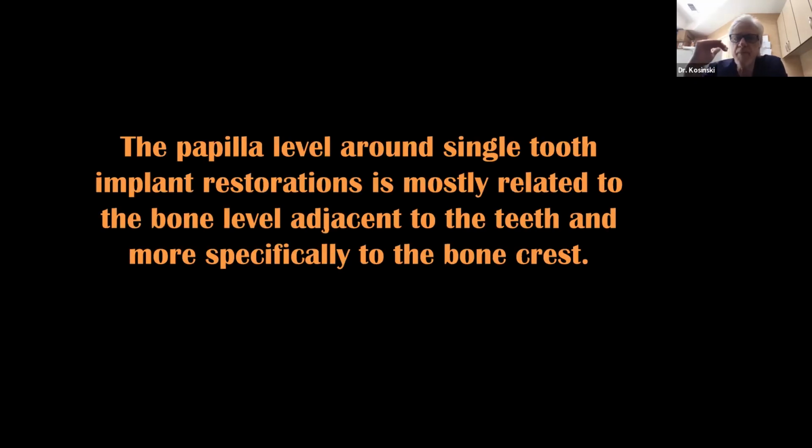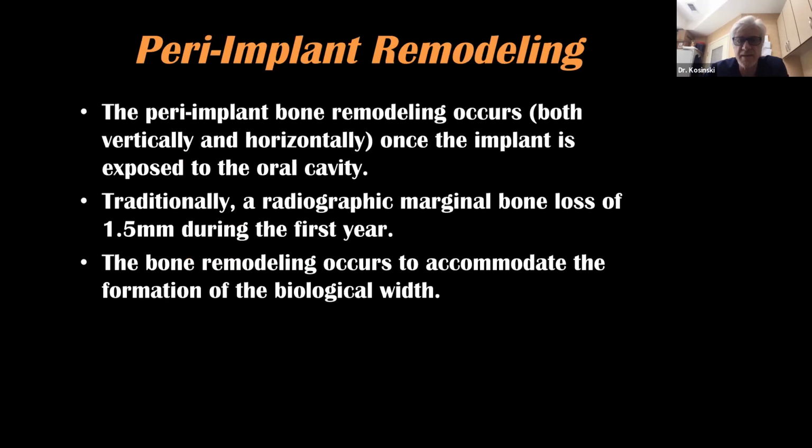The papilla level around single tooth implant restorations is mostly related to the bone level adjacent to the teeth, and more specifically to the bone crest. This is a very important statement. The peri-implant bone remodeling occurs both vertically and horizontally once the implant is exposed to the oral cavity. What does that mean?